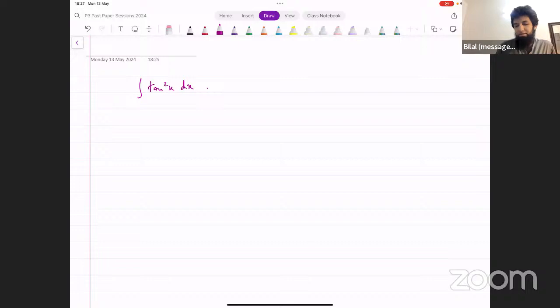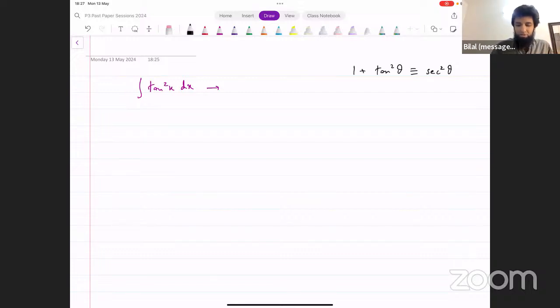Now tan square is integrated using this identity. You need to remember this in case you can't figure it out during the exam. Remember the identity that you've got for tan? 1 plus tan square theta is identical to secant square theta, right? That's the identity that you have for tan.